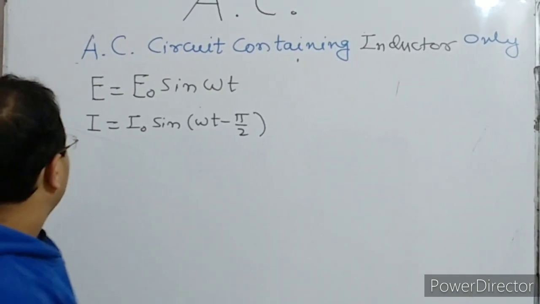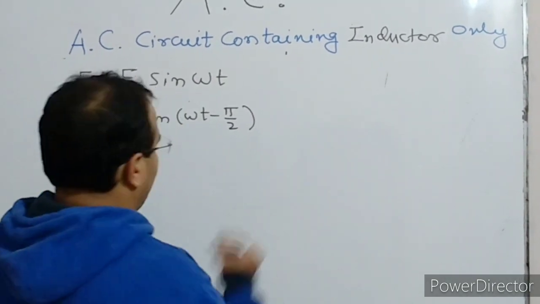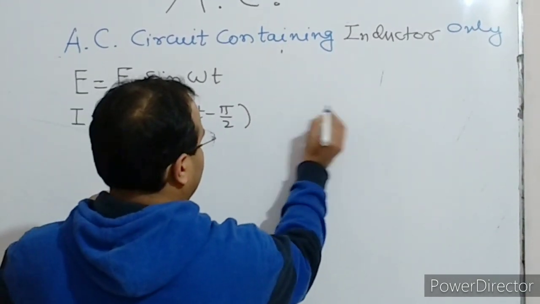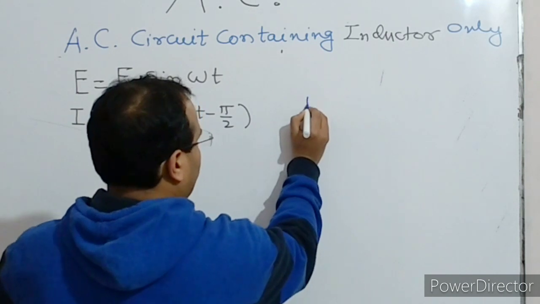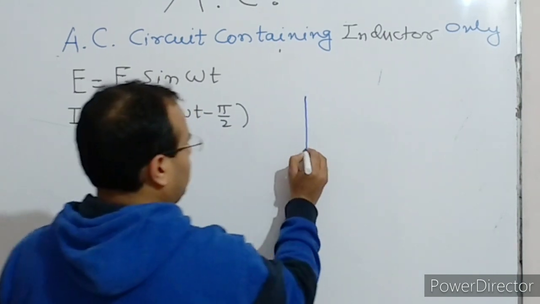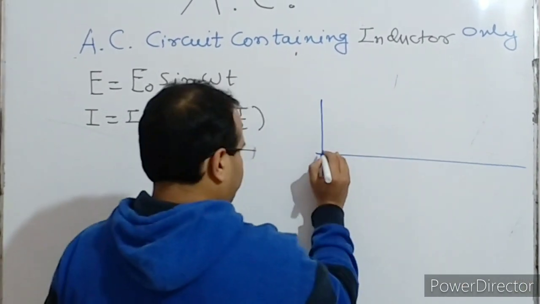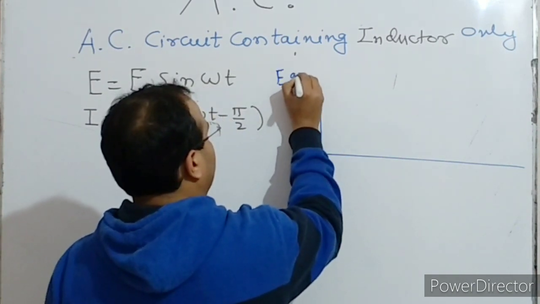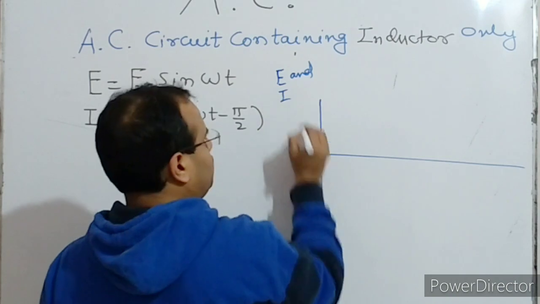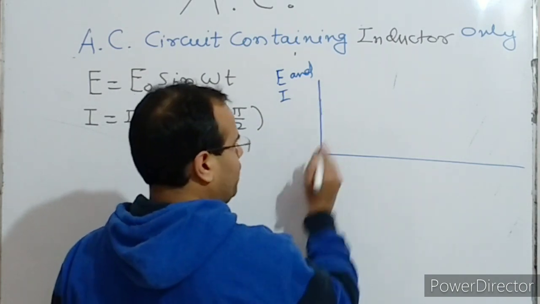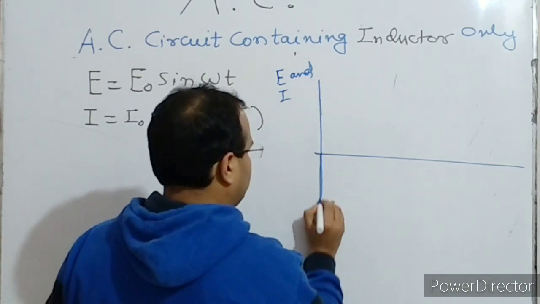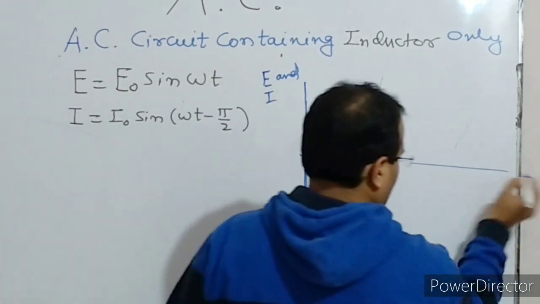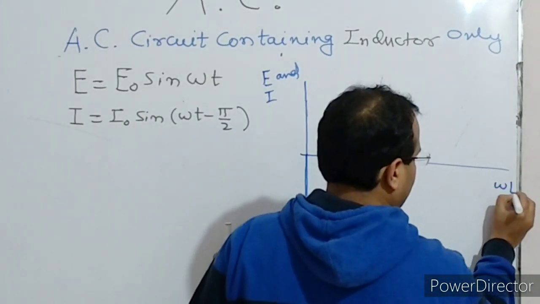When we say that current is lagging behind the EMF, suppose we plot a graph like we plotted earlier. Here E and I both are on the y-axis, and on this axis it is omega t.